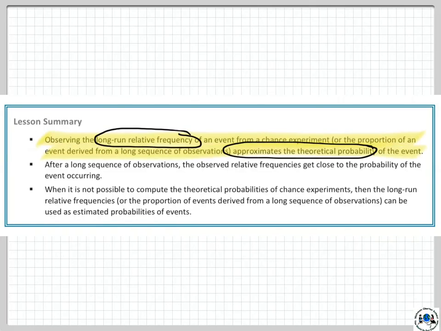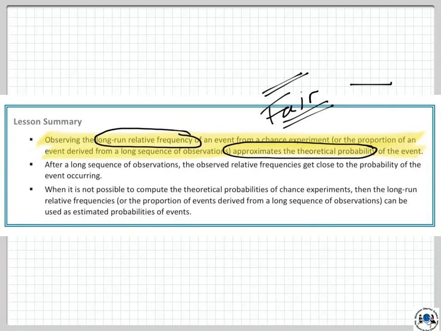So again, our lesson summary. The big idea here is that observing the long-run relative frequency of an event from a chance experiment, or the proportion of an event derived from a long sequence of observations, approximates the theoretical probability of the event. And if this was all fair, and that's a real important point, it has to be fair. A coin is fair pretty much. The stack was not.